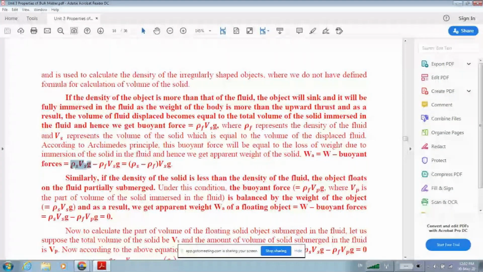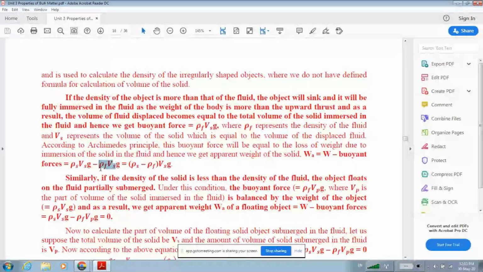So buoyant force is nothing but the weight of the displaced fluid, we said. Since we said weight of the displaced fluid, we can take it as the mass of the displaced fluid multiplied by acceleration due to gravity. So we get the weight of the displaced fluid.